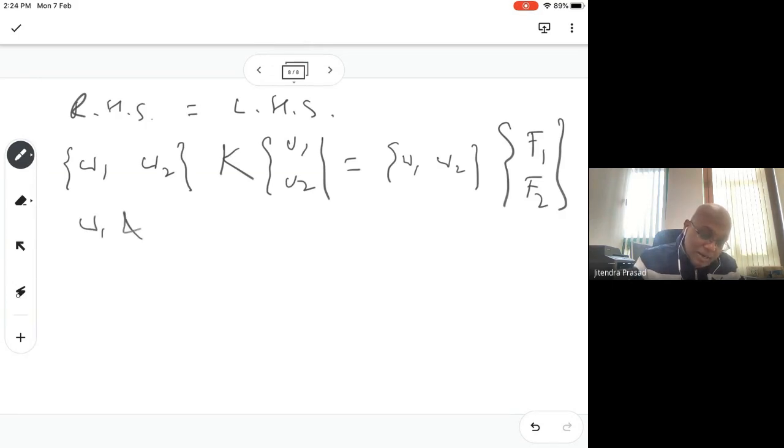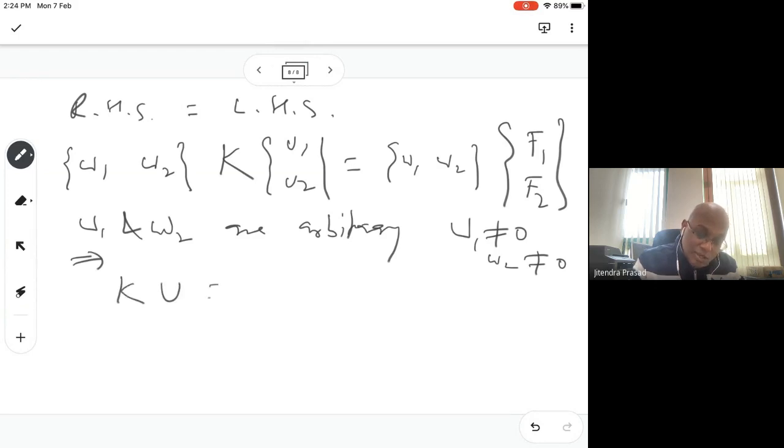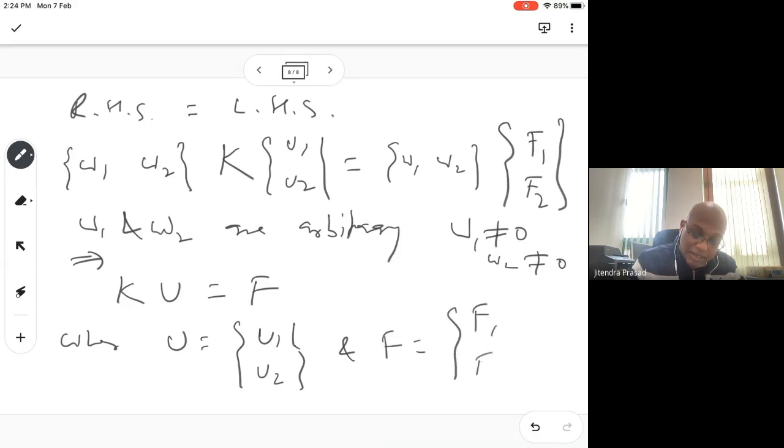Now w1 and w2 are arbitrary, so w1 is not equal to 0, w2 is not equal to 0, and hence we get K times U equal to F, where U is u1, u2, and F is f1, f2.